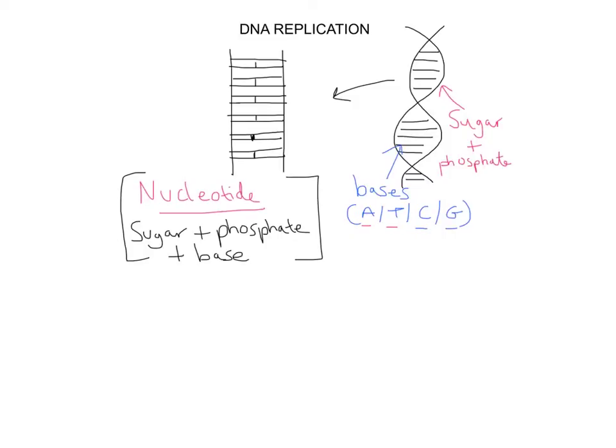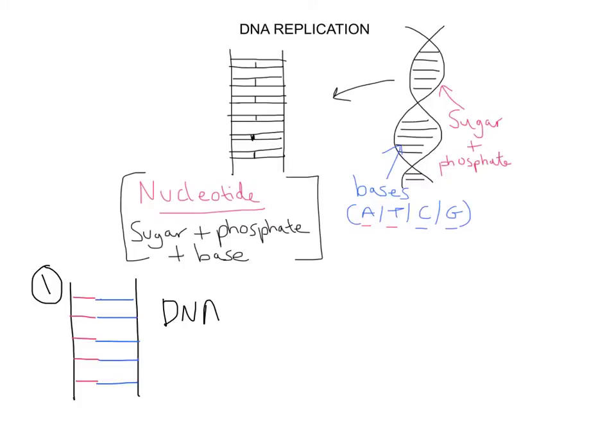So here's what happens. Let's take our original DNA strand here, and for the sake of argument I'm just going to draw the bases in separate colours here. So this is stage 1. In DNA replication, an enzyme called DNA helicase unwinds this DNA strand and splits them.